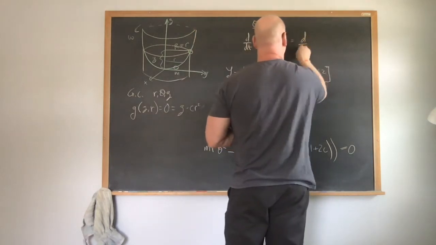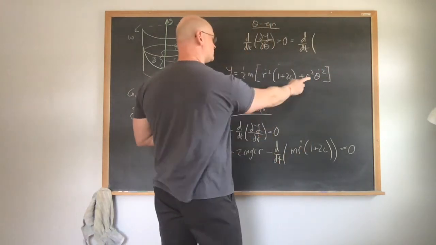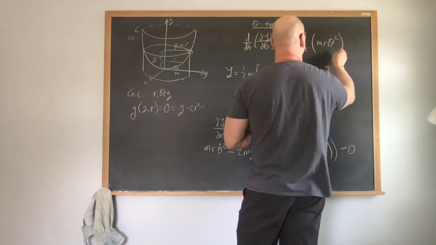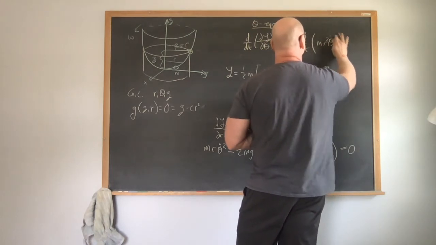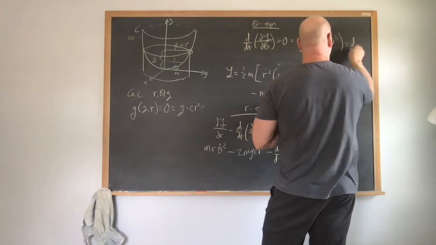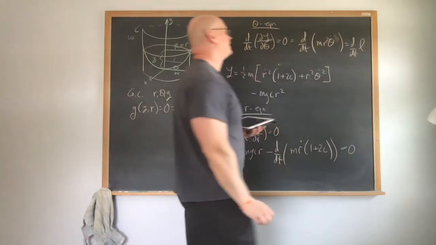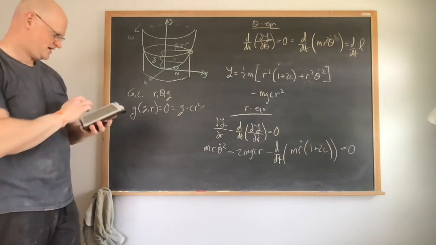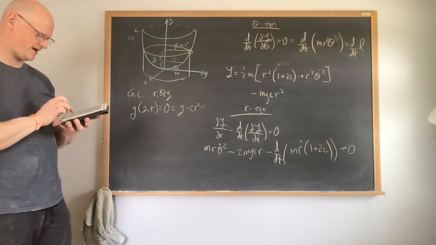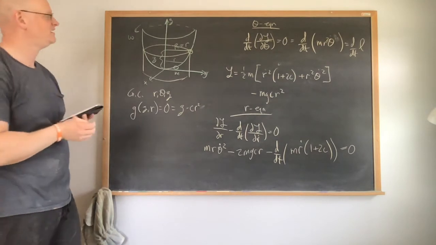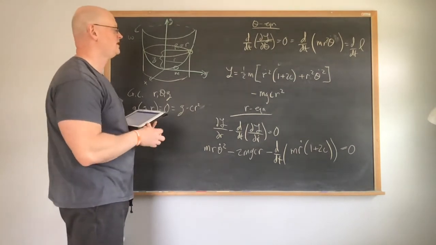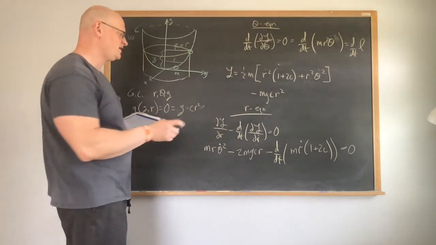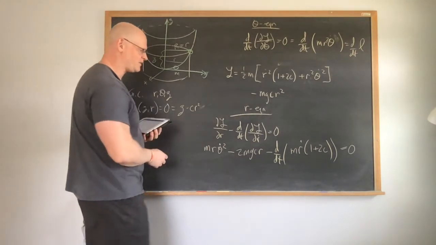Only one term depends on theta dot, and this is m r squared theta dot, which again is simply equal to the angular momentum. So again, the theta direction simply gives us conservation of angular momentum. That's it. So the only useful piece of information we got out of there is that the angular momentum is conserved, which is okay.